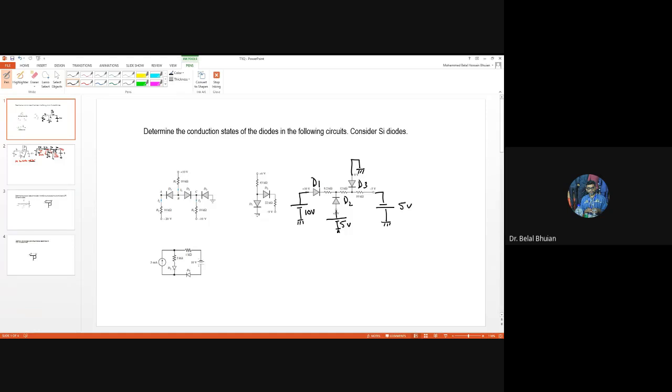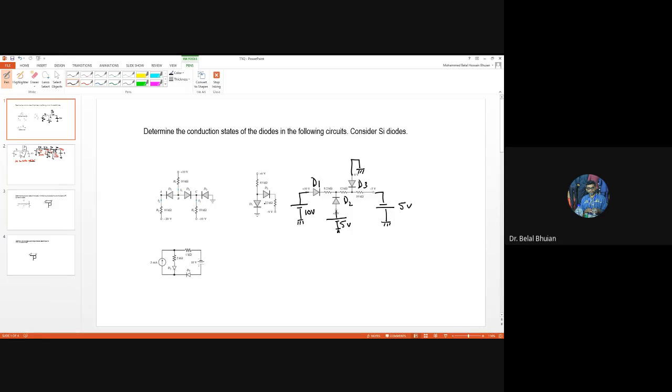By looking at the circuit, can you say if D1 and D2 are on? Can anyone say? No, no one can say, unless you do the calculation. You cannot say whether D1 is on or off, whether D2 is on or off.